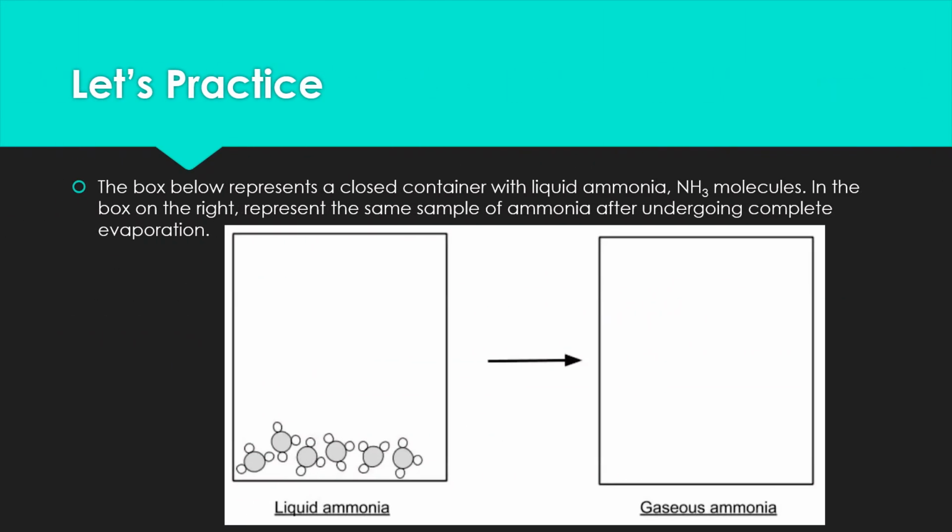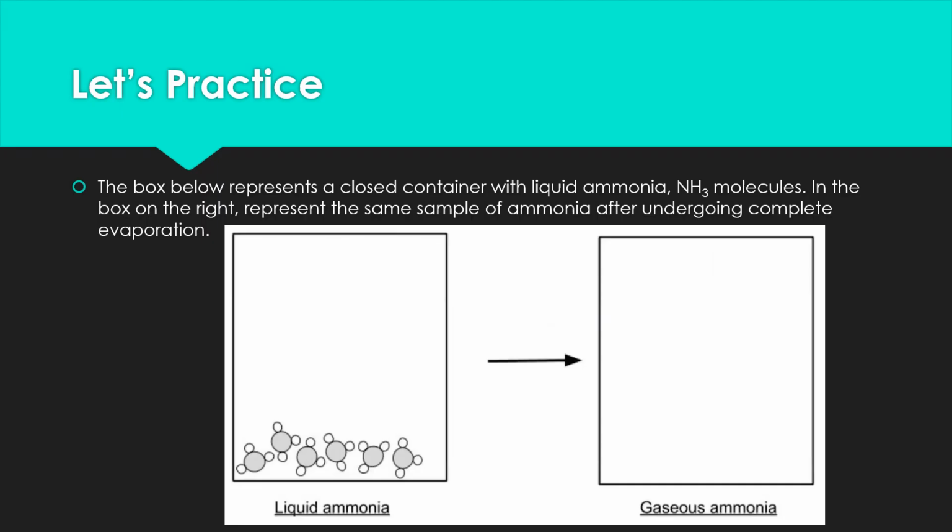So the type of question that might be asked about different states of matter is something like this. We have a box that represents a closed container with liquid ammonia, NH3 molecules. The box on the right represents the same sample of ammonia after undergoing complete evaporation. As a liquid, we can see the particles are more touching each other. They're at the bottom of the container.